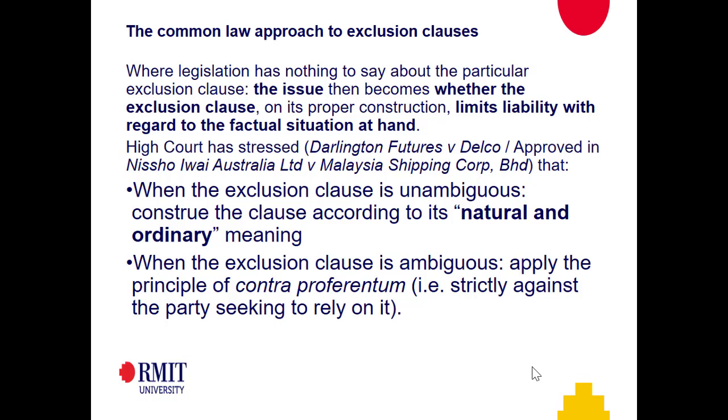And it basically comes up with these two propositions. If an exclusion clause is unambiguous, then we need to read the clause in accordance with its natural and ordinary meaning. But if the clause is ambiguous, then we apply what's referred to as the contra proferentem rule.